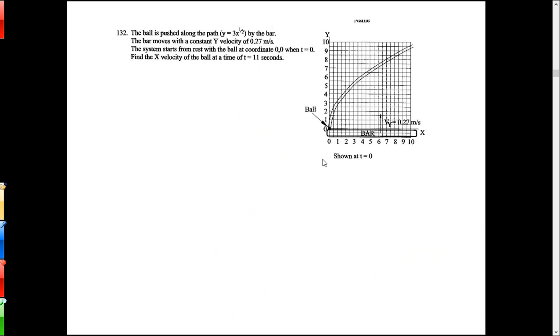The last one here that's due: we have a ball pushed along the path y equals 3x to the 1/2 by a bar. The bar moves it with a constant y velocity of 0.27. Get used to translating these sentences.